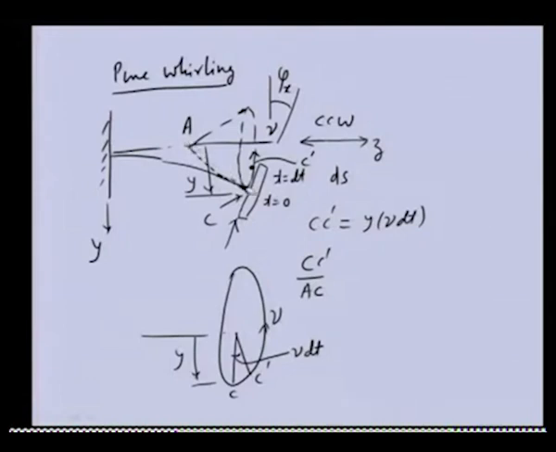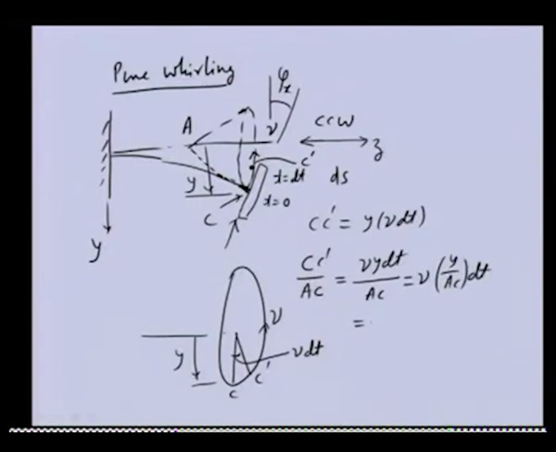So, AC prime can be written as nu y dt, which is coming from the above expression, and AC can be written as nu y by AC into dt.